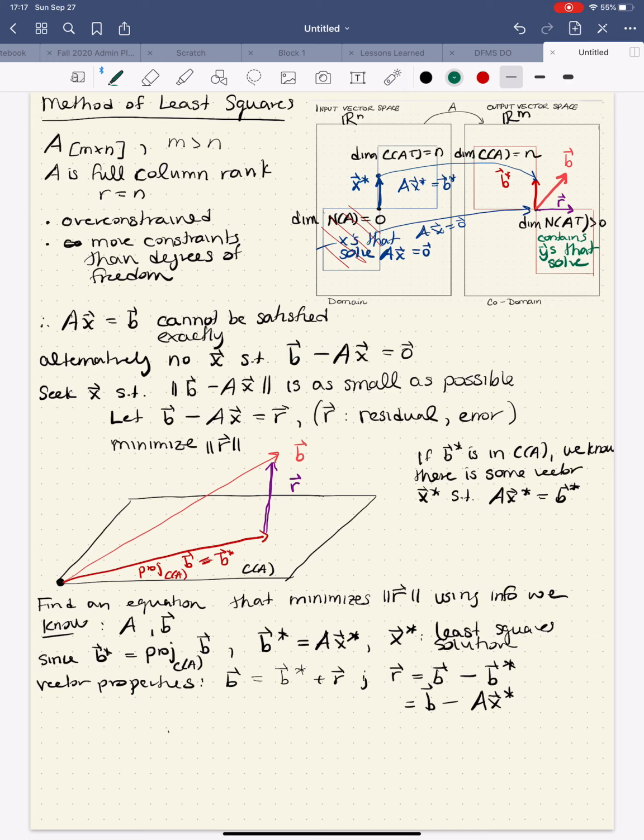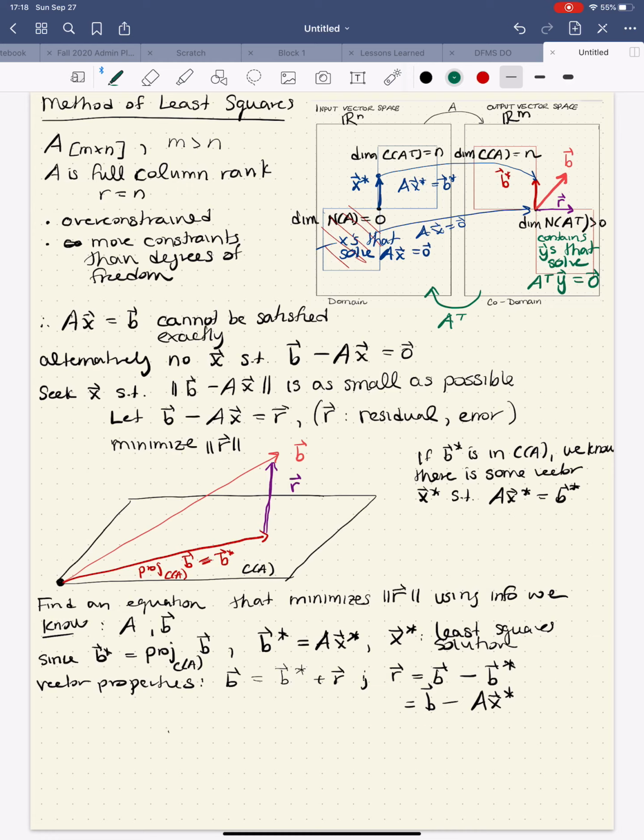We're just trying to map from Rm to Rn now. And the way that I do that is I use A transpose. That's why A transpose shows up so much. So the null space of A transpose then contains the y's that solve A transpose y equals 0.